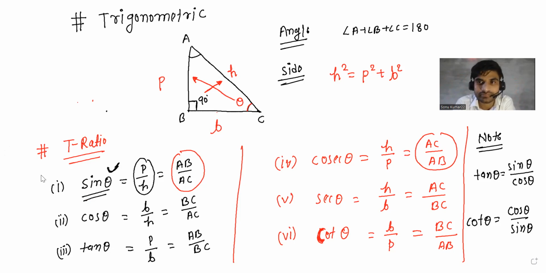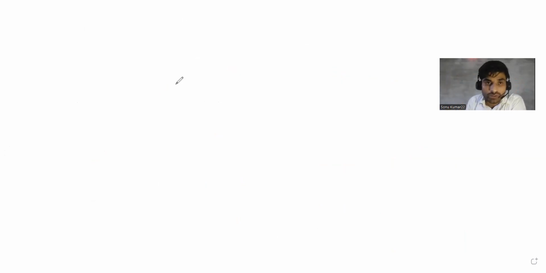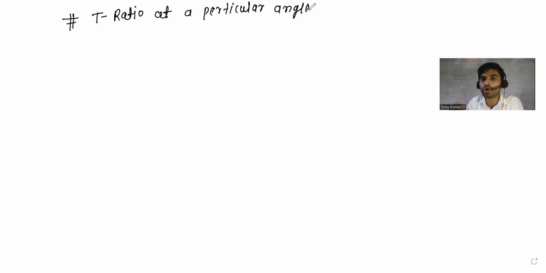Now we are going to discuss the T ratio, T for trigonometric ratio, at a particular angle. At a specific angle, we are going to discuss sine 30 degree, sine 60 degree, sine 0, sine 90 degree, like this.